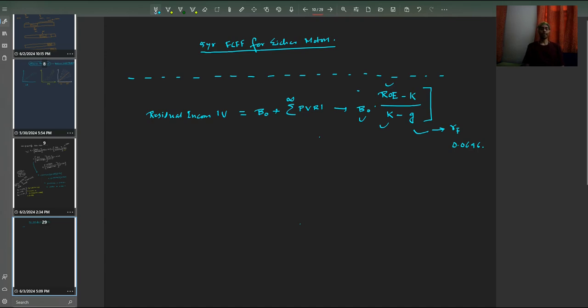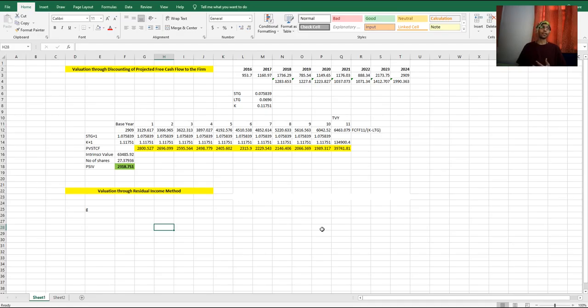So let's get on with the valuation in the Excel sheet. So friends, the sustainable growth rate we take as the risk-free rate only. This is equal to the 10-year government bond rate, which is 0.0696. Now the formula for residual income, we had already gone through it once. Again, I'll just put it down here.